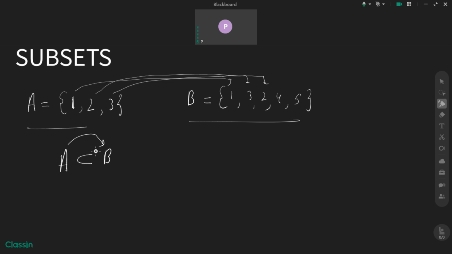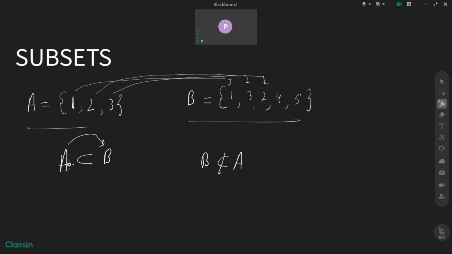Now we'll check whether B is also a subset of A or not. If we check, in set B there are elements 4 and 5 that are not present in A. So B is not a subset of A. A is a subset of B, but B is not a subset of A. In this case, A is a proper subset and B is known as a superset.